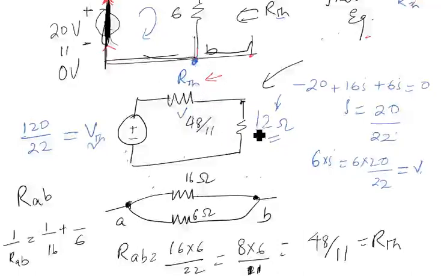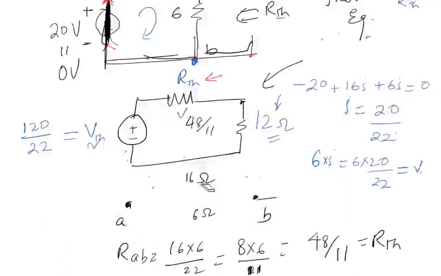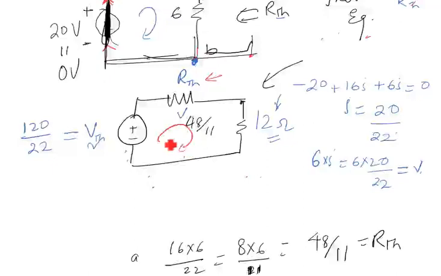I want the current across this path. So what about the current? Just put those values there. The current in this path, I, is equal to total voltage VTH divided by total resistance, RTH plus 12 ohm.